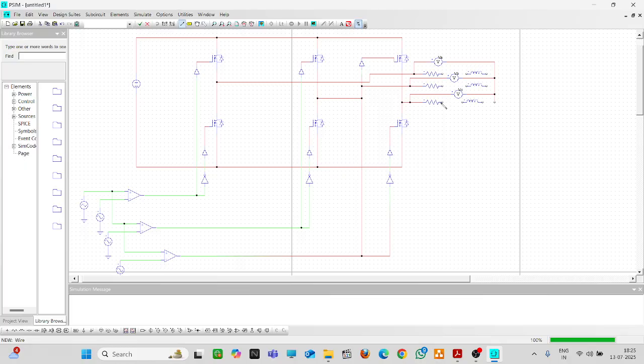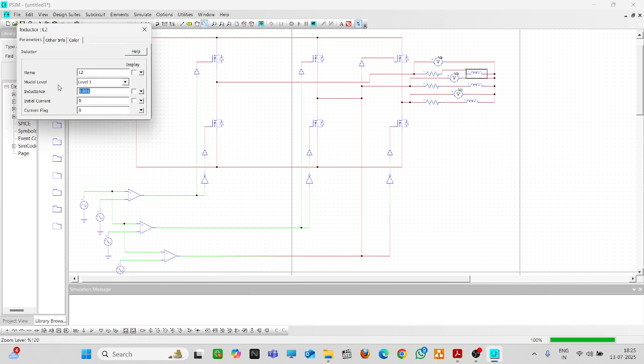Again, we'll make the connection. I don't know what value we have taken. It should be 100 millihenry because in the last experiment we took the value as 100 millihenry. So we'll do that. So this is 100 E minus 3.